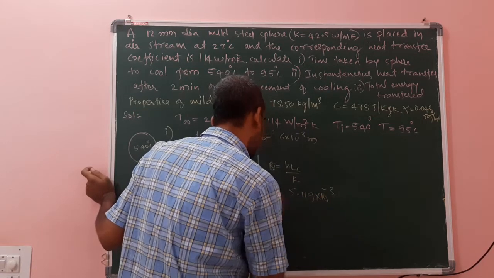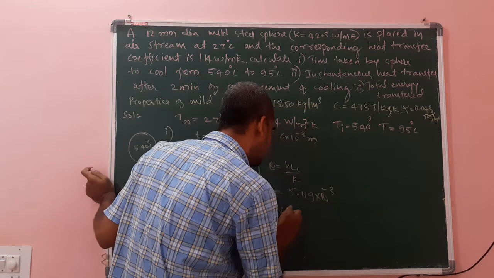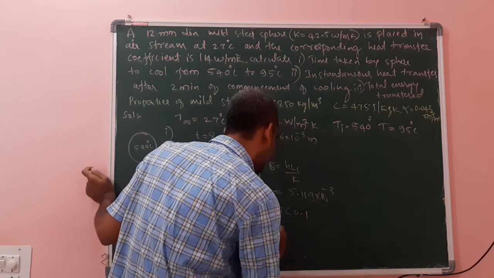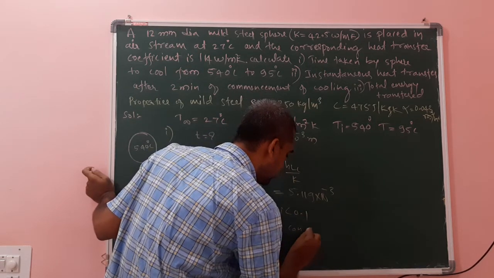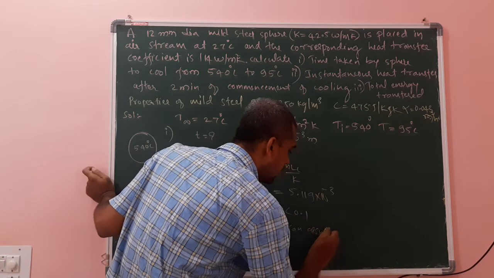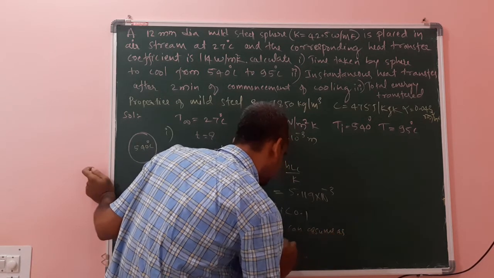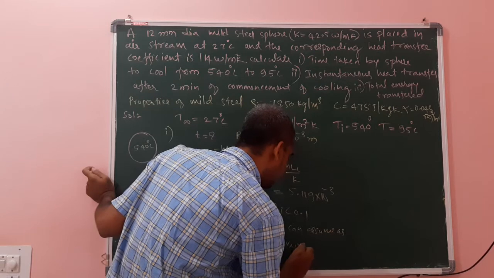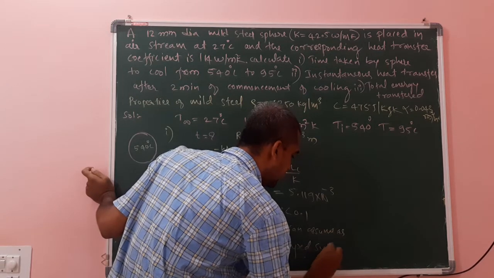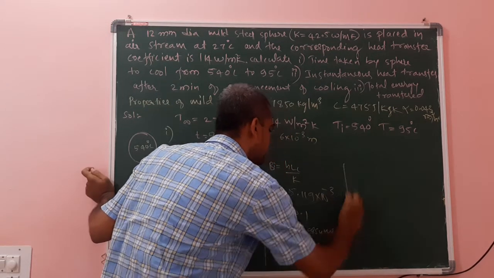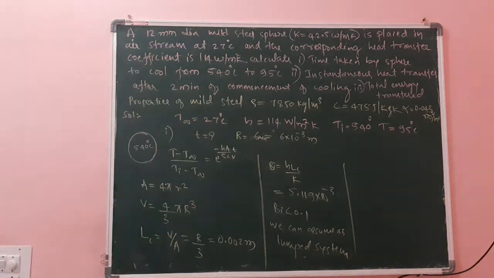As the Biot number is less than 0.1, we can assume it as a lumped system. Now what we have to calculate now?